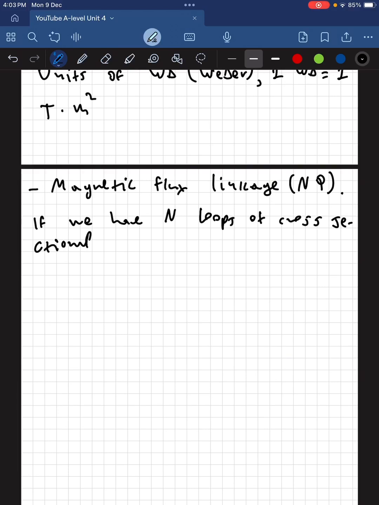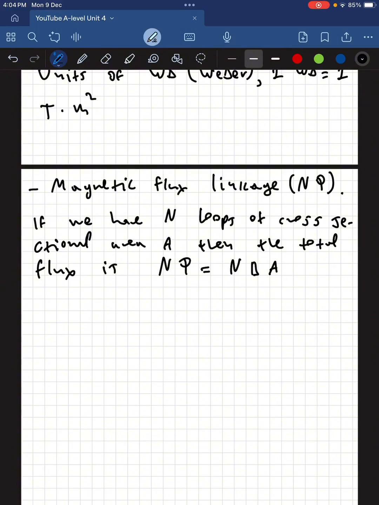If we have N loops of cross-sectional area A, then the total flux is N phi, which is equal to N B A. So we get one contribution from each loop.